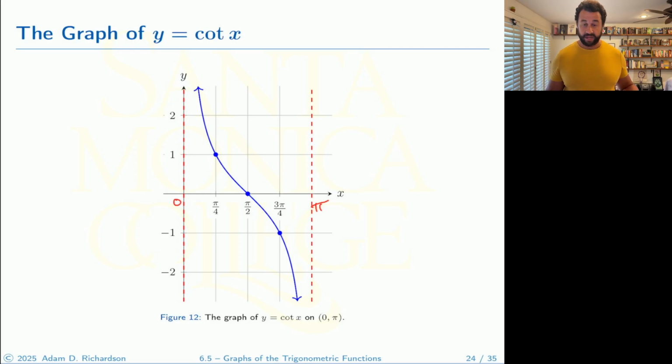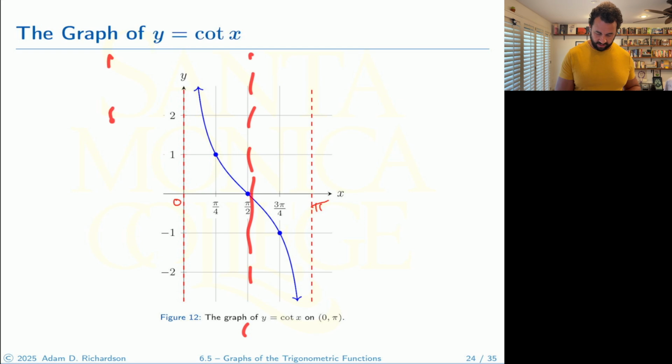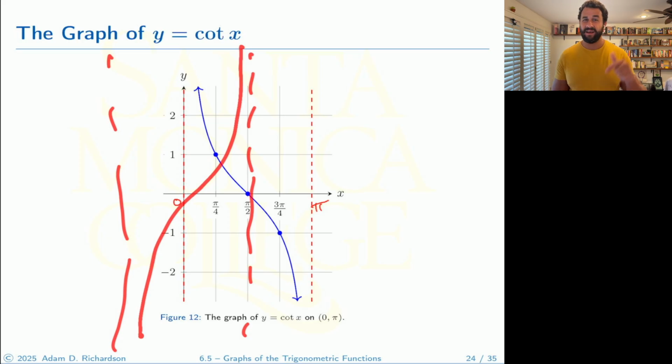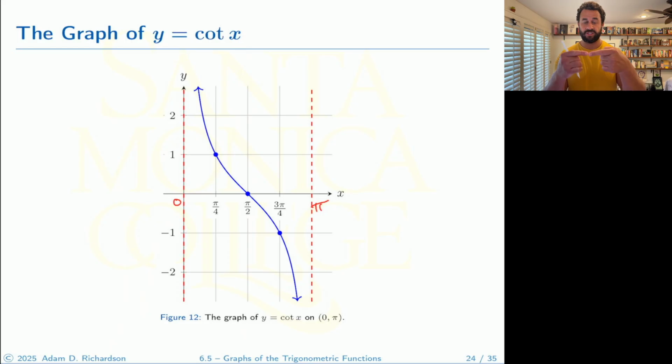One thing I want to point out is this is not just the graph of tangent shifted over a little bit. And it's not just the graph of tangent vertically reflected. So you want to be careful there. Because remember, tangent had an asymptote right here and right here. So tangent actually looks like that. That's not this. Cotangent is not just taking the tangent function and reflecting it across the x-axis.